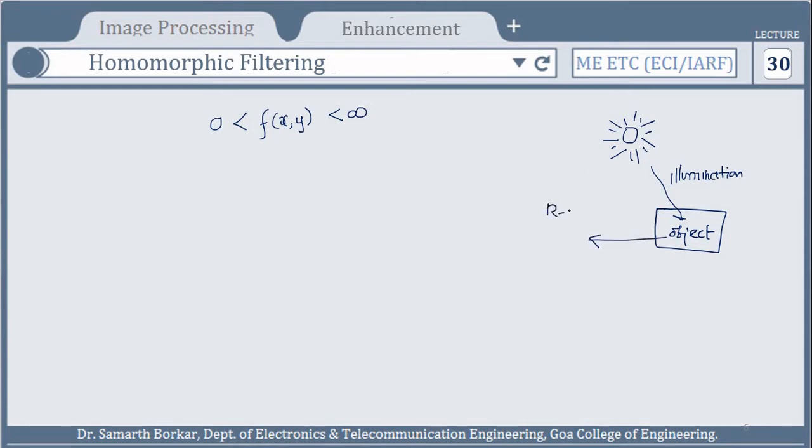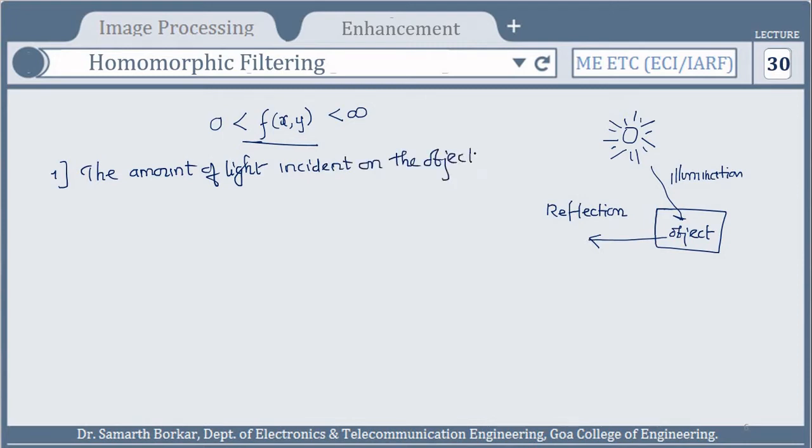This is nothing but reflection. Clear? So as we have discussed, f of x y is characterized by two components. The first component is the amount of light incident on the object, and this is what is referred to as illumination.